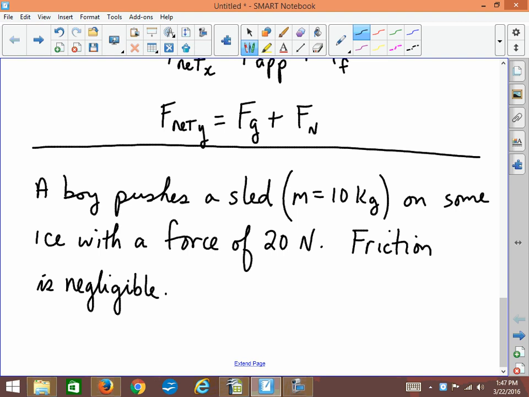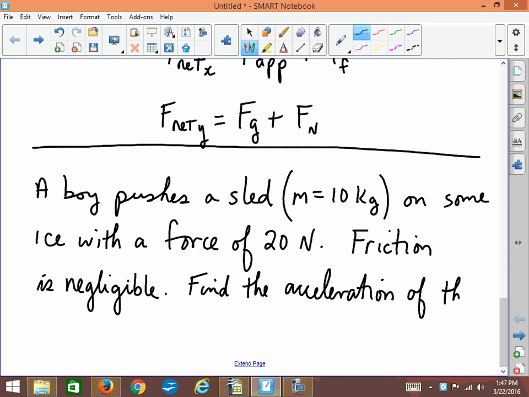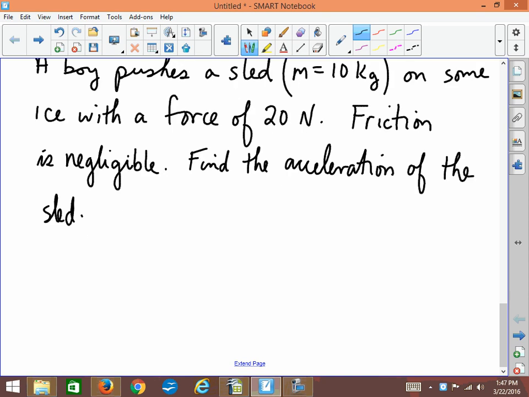There's no friction in this question. All we want to know is finding the acceleration of the sled. Okay, so there's our question.